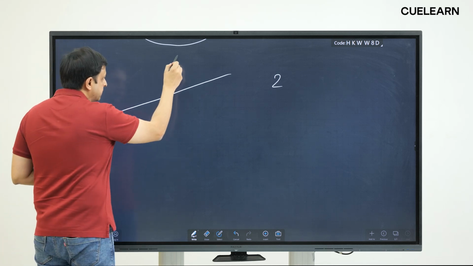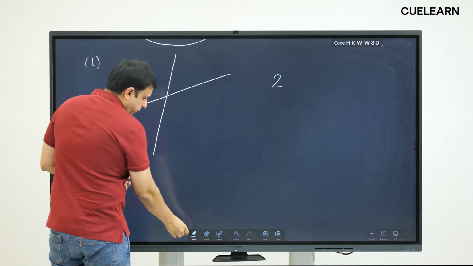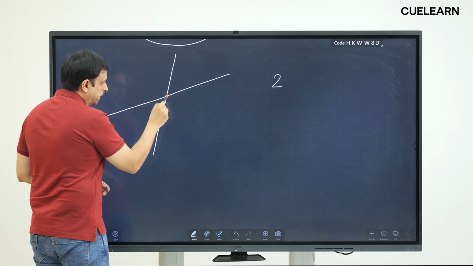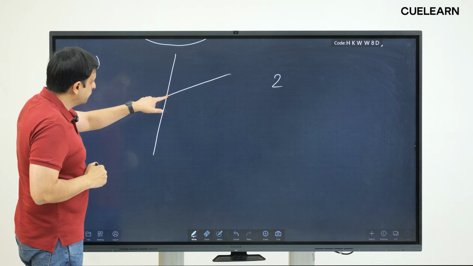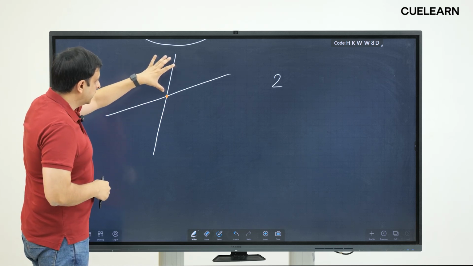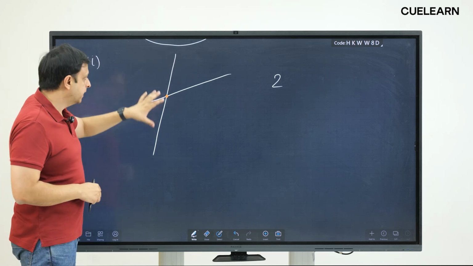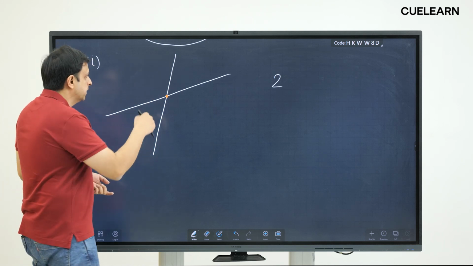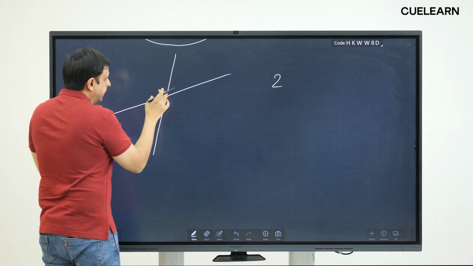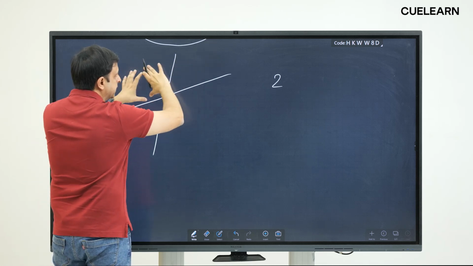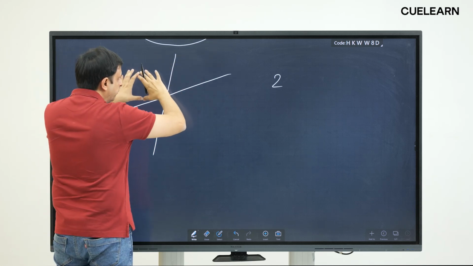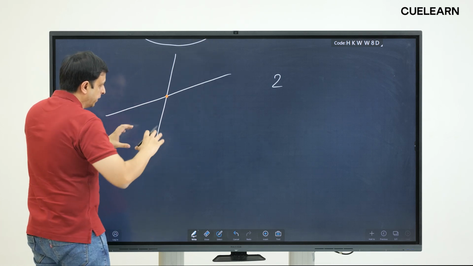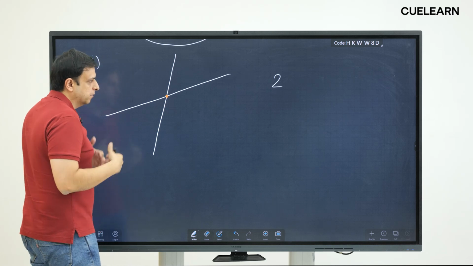Then we draw the next line, the second line, and the way we look at this is that the second line is intersecting the first line at one point, and this point is dividing my second line into two parts, and each of those parts is increasing the number of regions by 1, because this part here is increasing the number of regions here by 1, and this part of the line is increasing the number of regions in this region by 1.